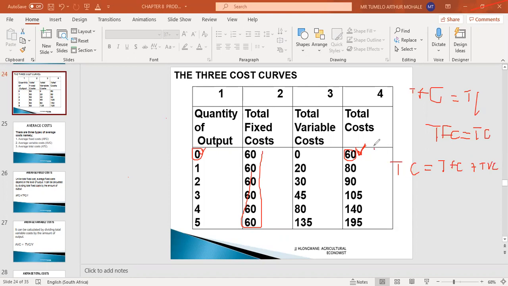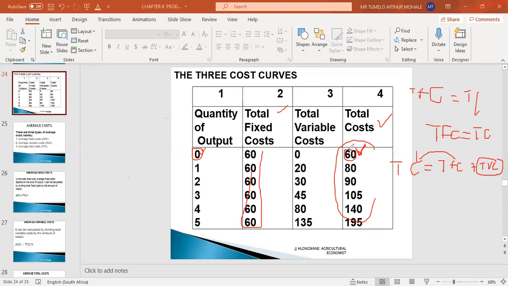So if you have the total cost and you also have the total fixed cost, you can make the total variable cost the subject of the formula, and then you calculate, meaning that TFC will come this side, and then you will have TC minus TFC, you will get your TVC.